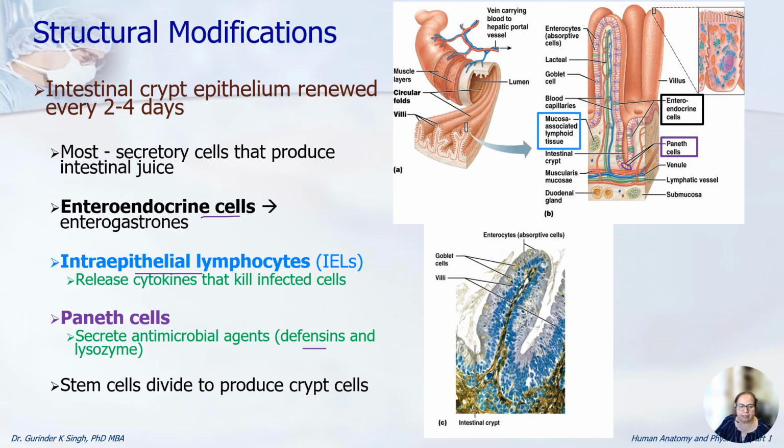These are your defensins and lysozymes. And then we also have some stem cells present at the base. Those stem cells can change into any of the crypt cells, the intestinal crypts, which are present like this.